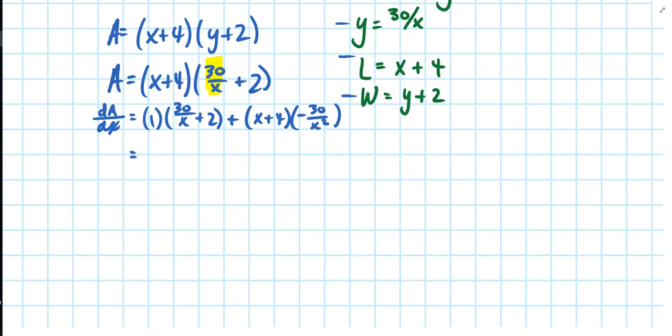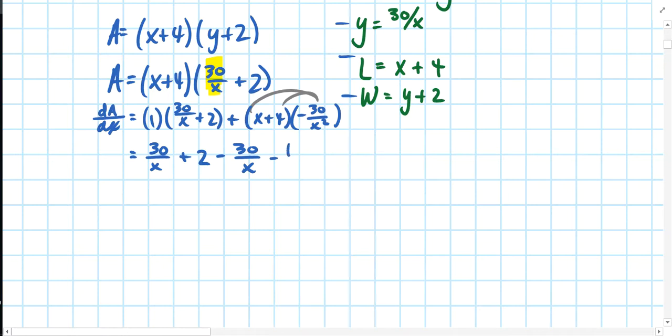A little bit of algebra can clean this up. We now have 30 over x plus 2 plus, or minus rather, as we distribute this 30 over x squared into both of these terms, we'll have minus 30 over x, because 30 times x over x squared is just going to be 30x, and then minus 120 over x squared.